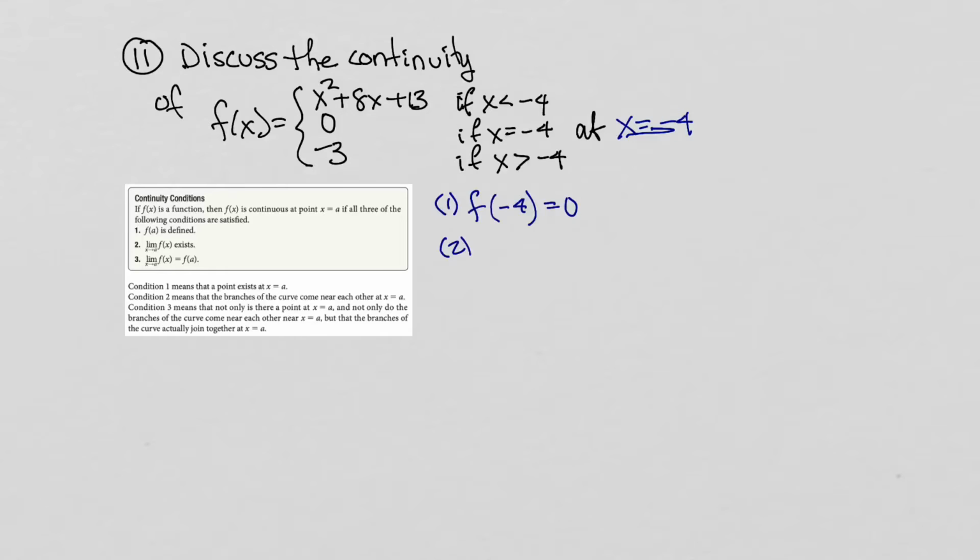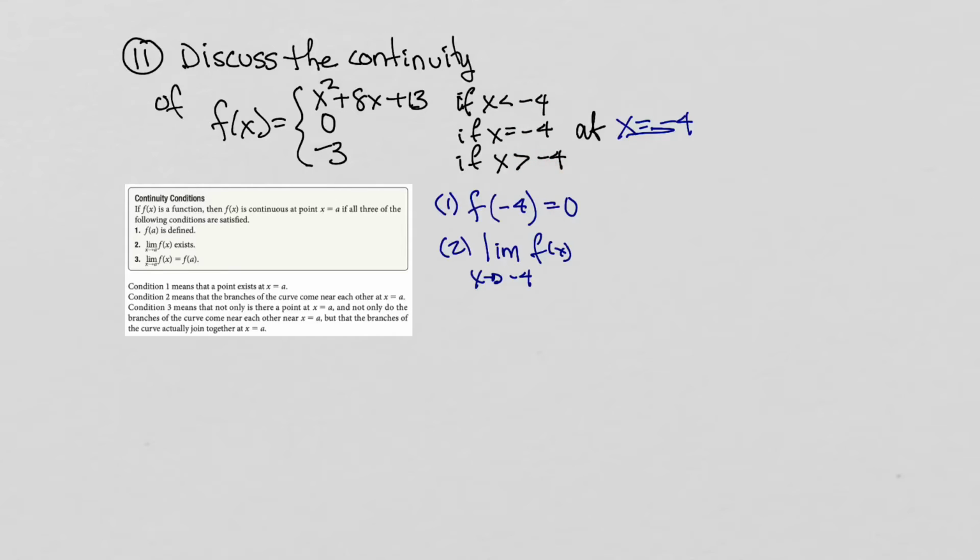So we want to look at the limit as x approaches -4 of f(x). But now look what we have here. We can approach from the left because we're a little bit less than -4, and from the right because we're a little bit above -4.